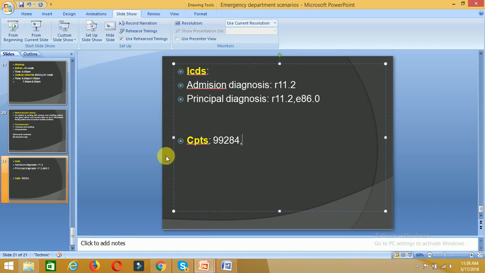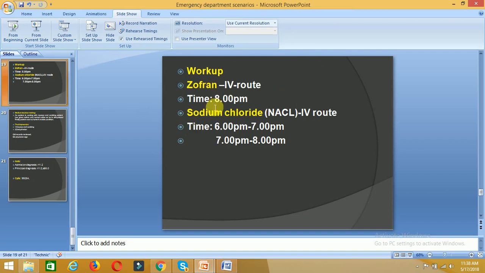Next we will see any other. Yes, we have here IV infusion coding. So we will see what CPTs we will get. I already explained this in infusion injection coding, so now we will apply it here. Zofran is given, the route is IV, and we need to check the timing as per the guideline. Here only one time is there, and only one time means that will be IV push only. So what is my IV push code?